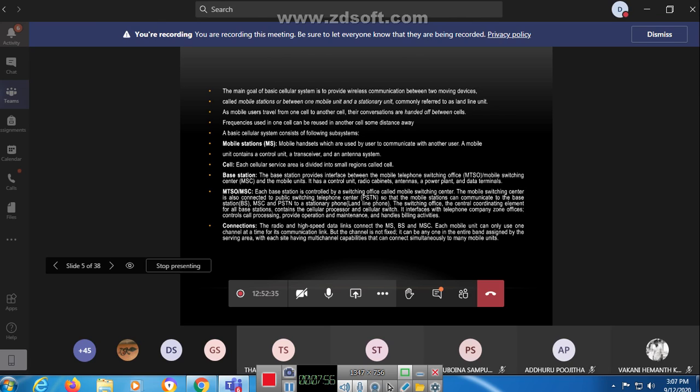These both are the same. At this mobile switching center, where the cell comes from one place to another, the signals are received or transmitted. That means, if it is an incoming signal we connect it as an incoming call only, and if it is an outgoing call we connect it as an outgoing call only. Likewise we can control the switch.